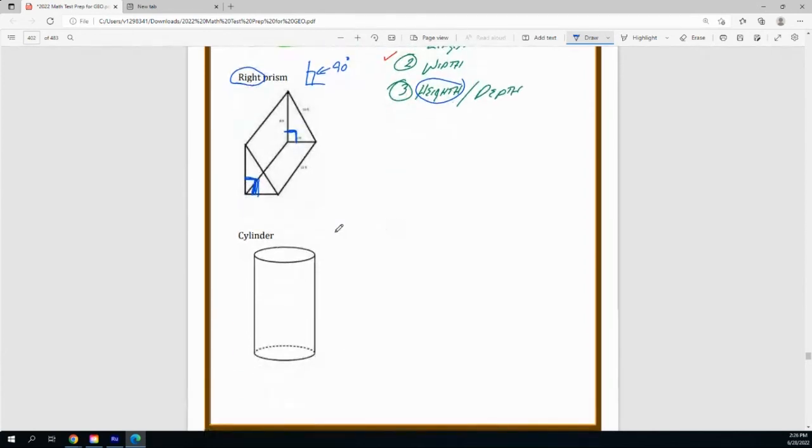Here's a new word. Most people understand this word, but it might be new for some people. The word is cylinder. Cylinder is just like a Coke can. You'll notice you have a top, a bottom, and the wraparound, the sides.